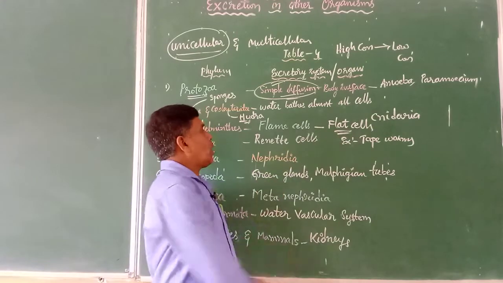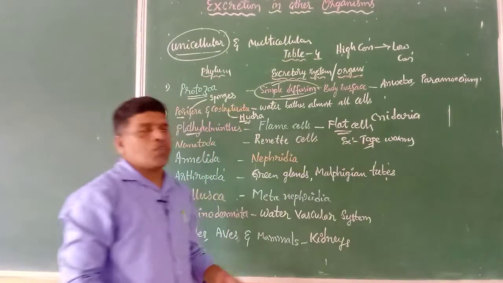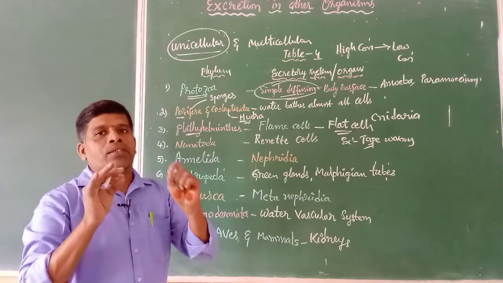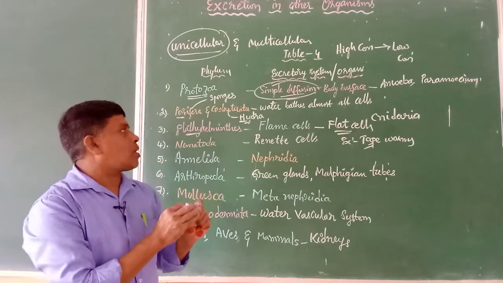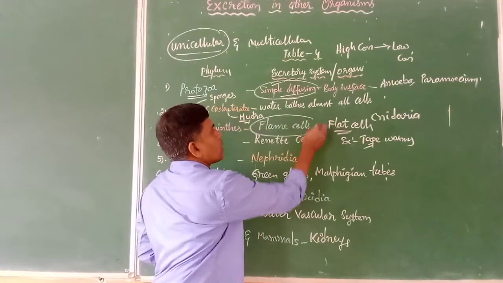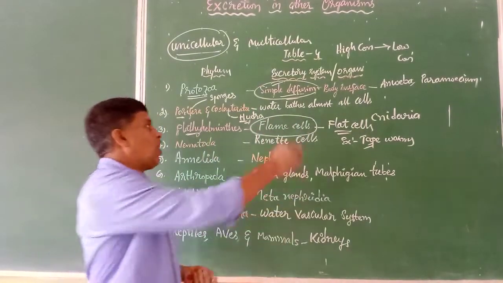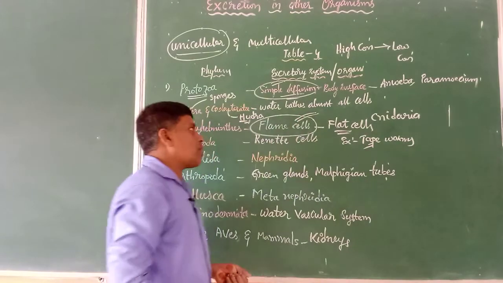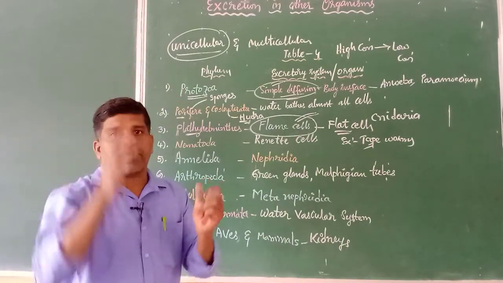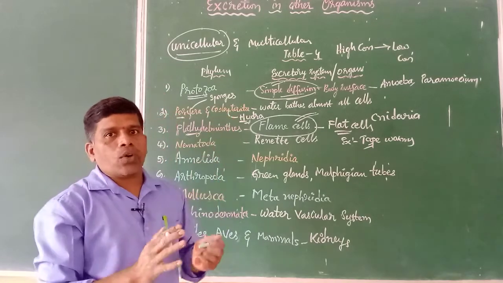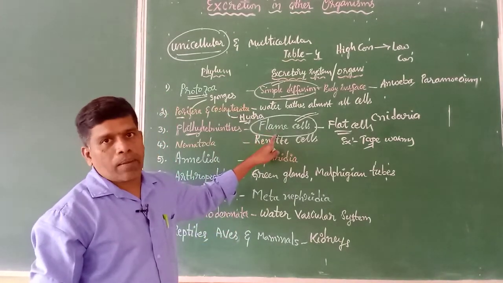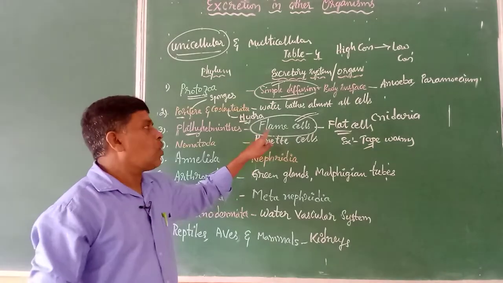Now in these types of organisms, which type of excretory organs are present? The first well developed excretory organs in the primitive multicellular organisms are in this phylum, platyhelminths. Specialized cells are present which are called flame cells. Why is the name flame cells given? Because like how a fire burns, the cells look like that, so the scientists have named them flame cells.